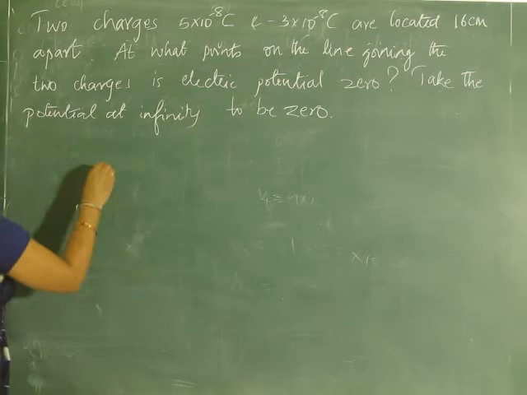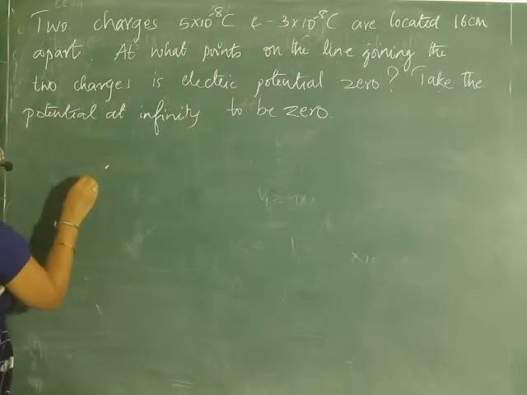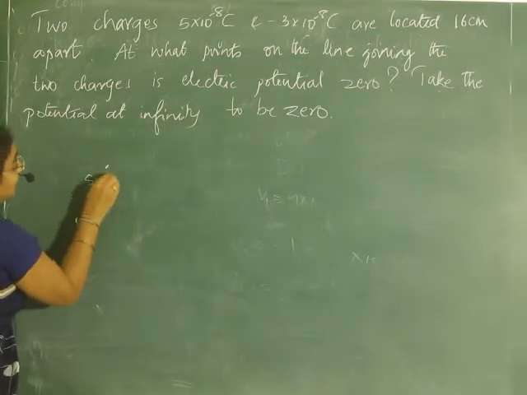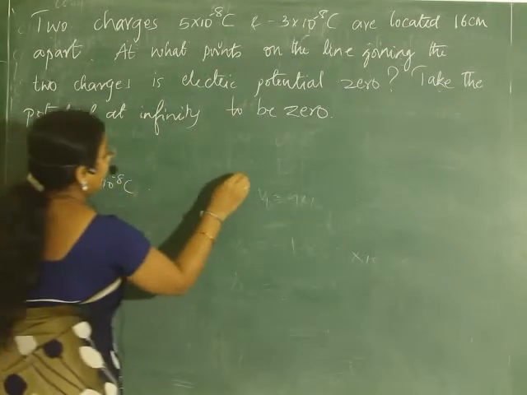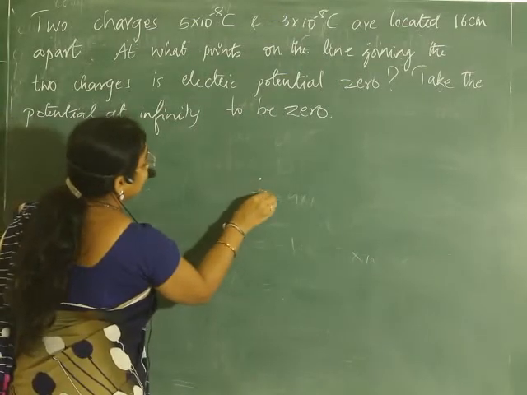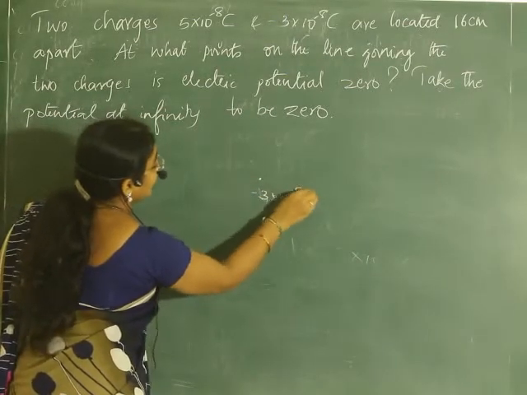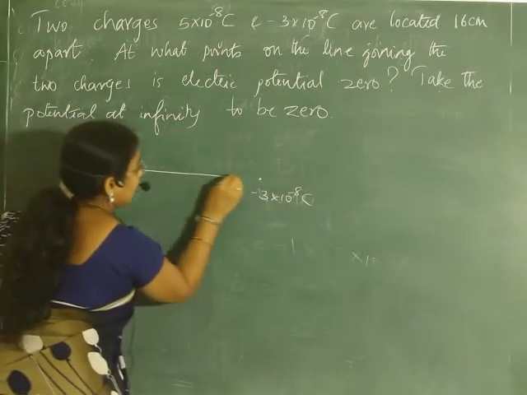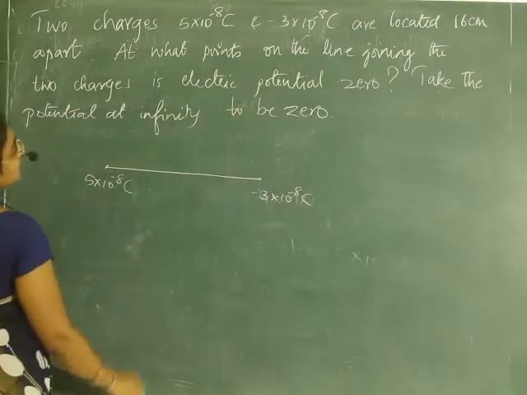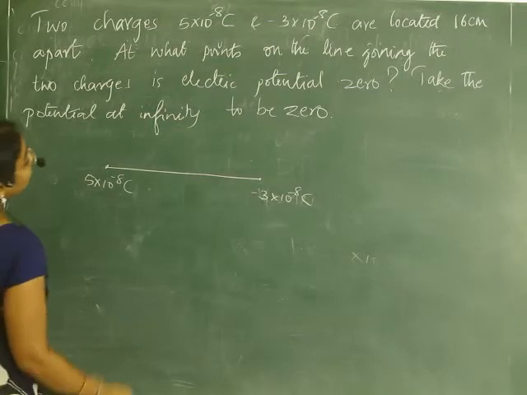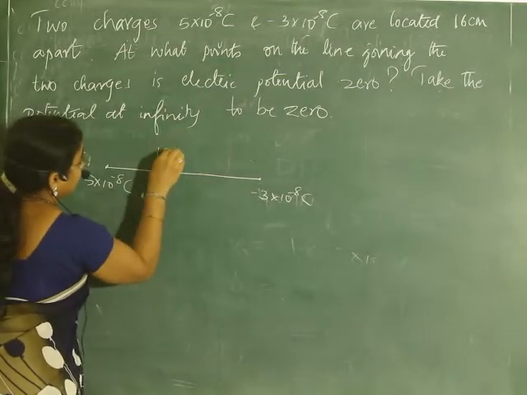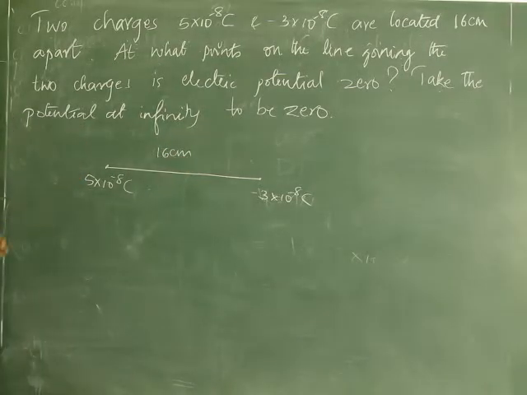Okay. Let us consider two charges, 5 into 10 to the power minus 8 coulomb and minus 3 into 10 to the power minus 8 coulomb. They are separated by the distance 16 centimeter.